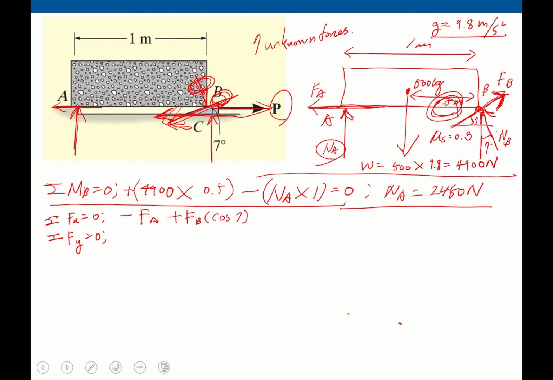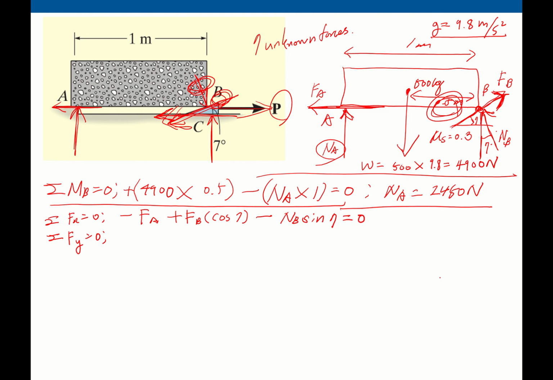And what else? Force B, and we don't know the normal force. The normal force has a negative sign. Normal force B times sine 7. This one should be equal to 0.